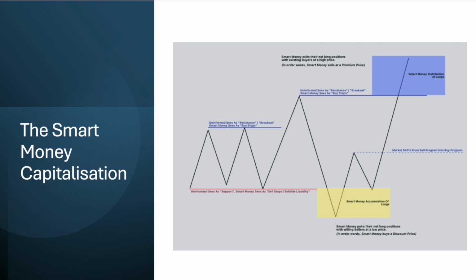And this is what the smart money capitalization looks like. What we have right here is a clear depiction where uninformed money sees this as a level of support. So this right here is a level of equal or relatively equal lows, where they anticipate that if the market breaks out and comes back to this level, it is going to continue higher.